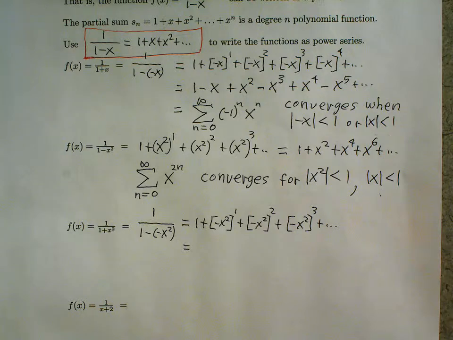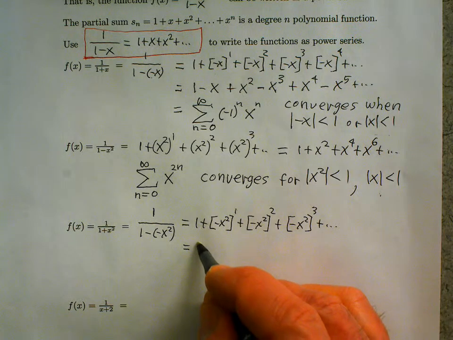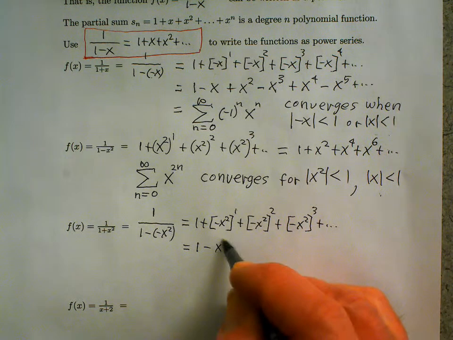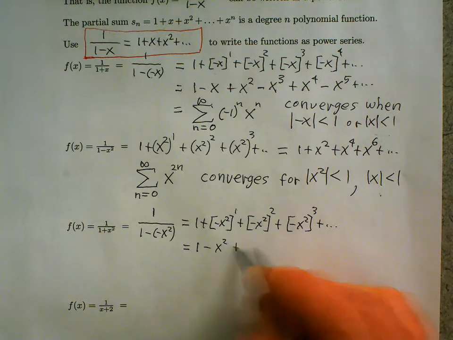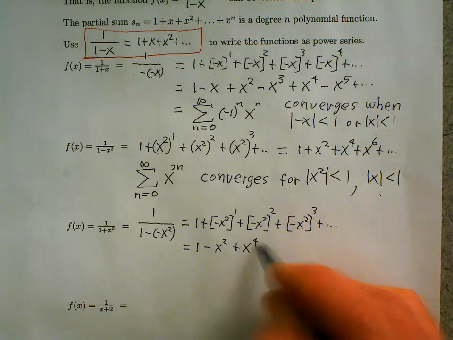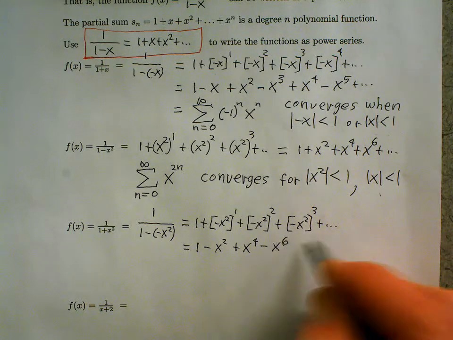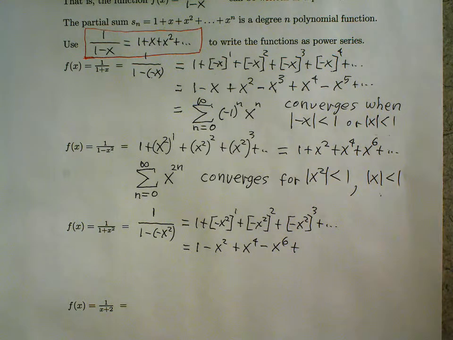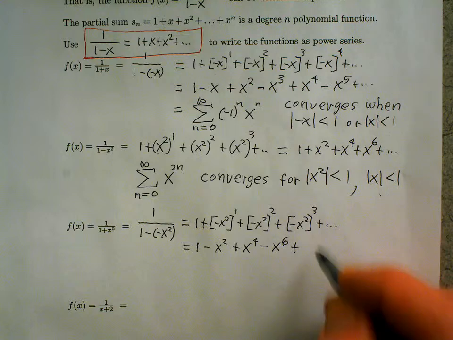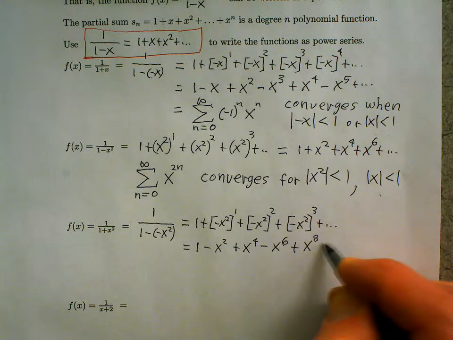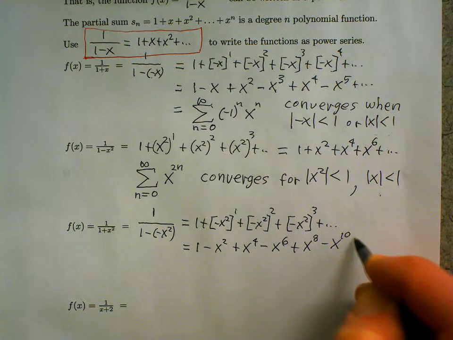Then to simplify, we'll get 1 minus x squared plus x to the fourth minus x to the sixth, and it will follow that alternating pattern. The next one will be x to the eighth and minus x to the 10th, and so on.